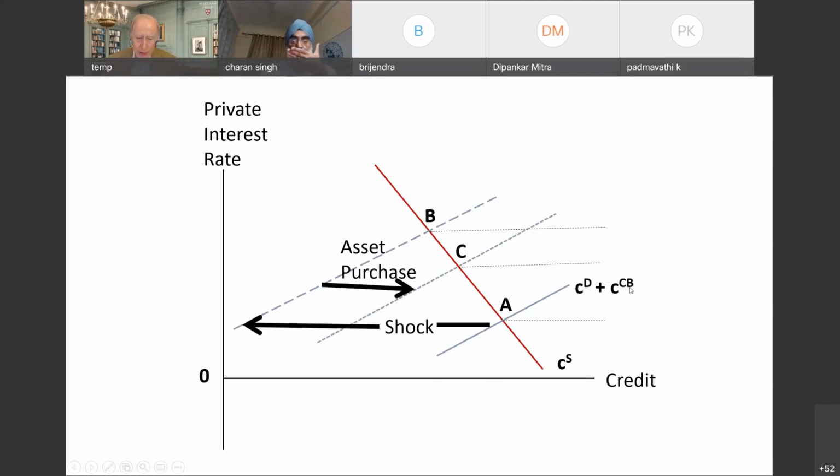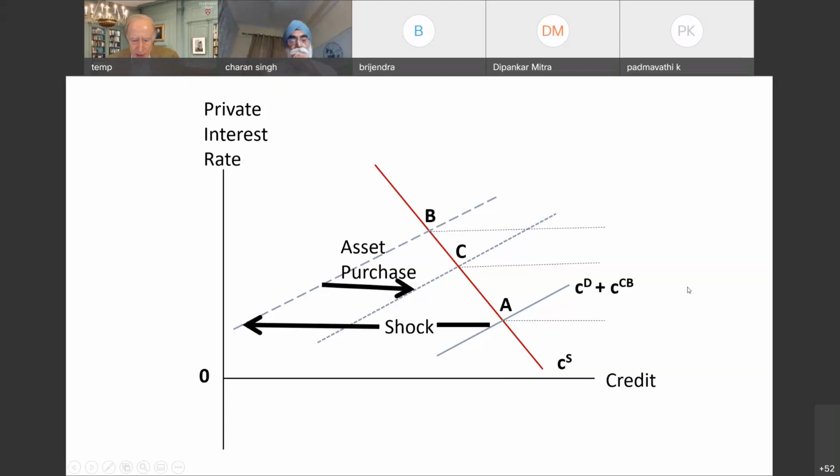So that represents a horizontal shift of the demand curve back to the right, so that the new equilibrium following the central bank's asset purchase is at point C, in which they've succeeded in bringing the interest rate down from where it was at this post-shock equilibrium B, and they've also increased the volume of credit.